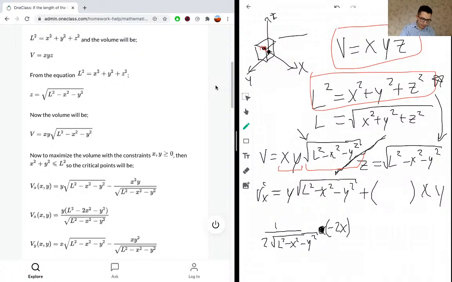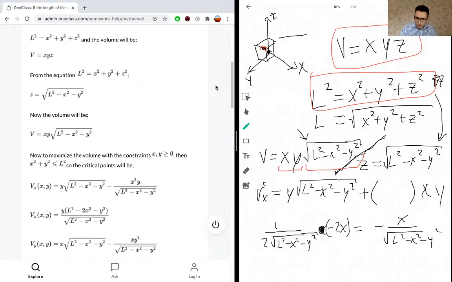Then we can see that the 2's cancel out, and we are left with negative x over the square root of L squared minus x squared minus y squared. So this just gives us the derivative with respect to x.